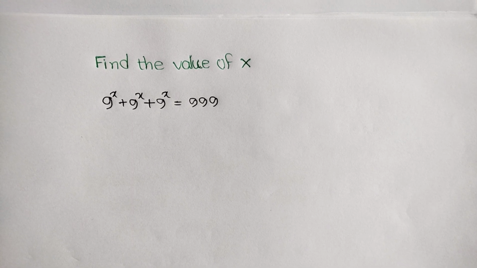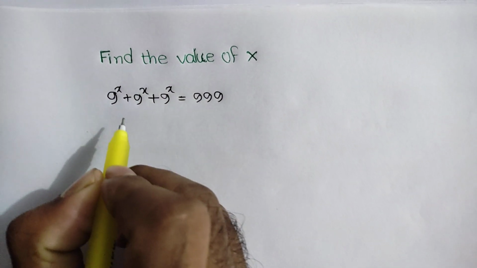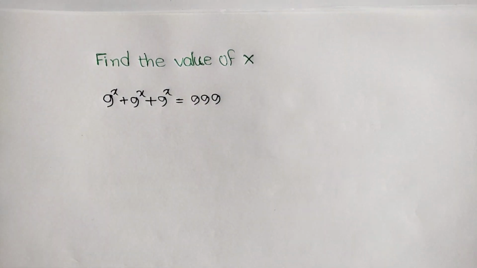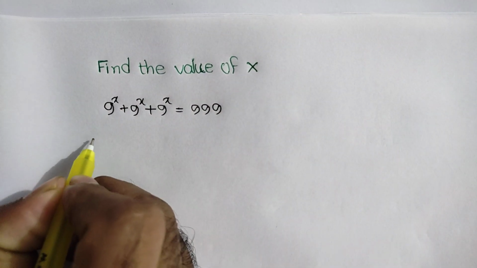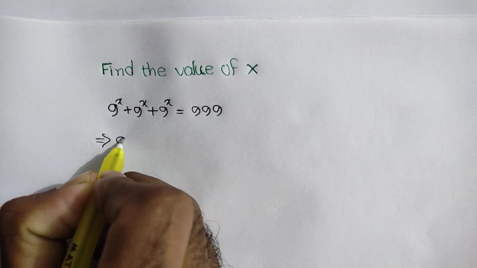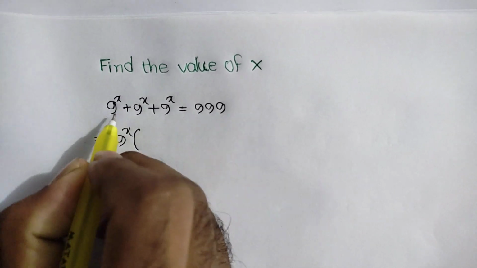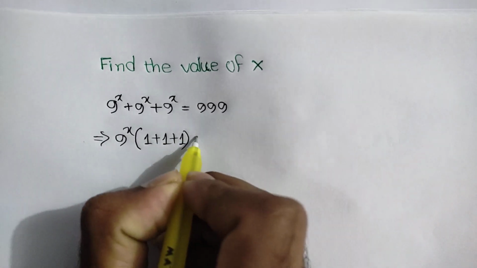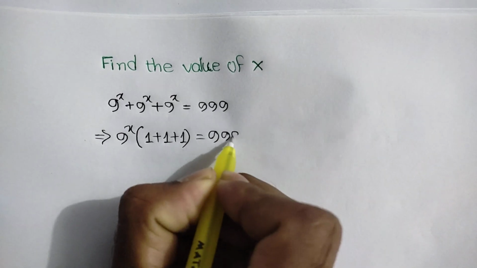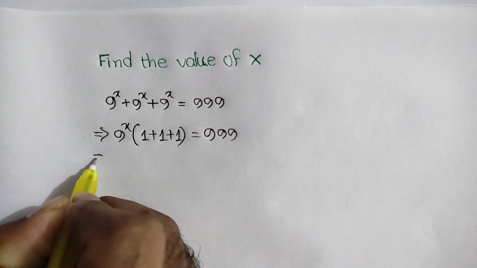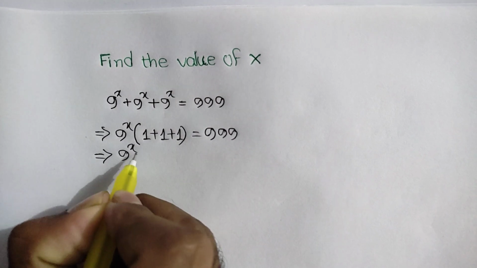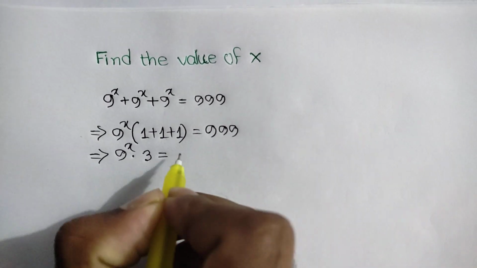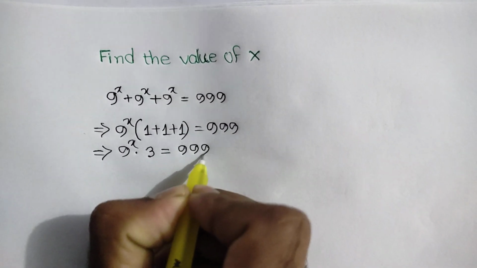Find the value of x when 9 to the power x plus 9 to the power x plus 9 to the power x is equal to 999. Here at first we take common 9 to the power x: 9 to the power x times (1 plus 1 plus 1) is equal to 999, or 9 to the power x times 3 is equal to 999.